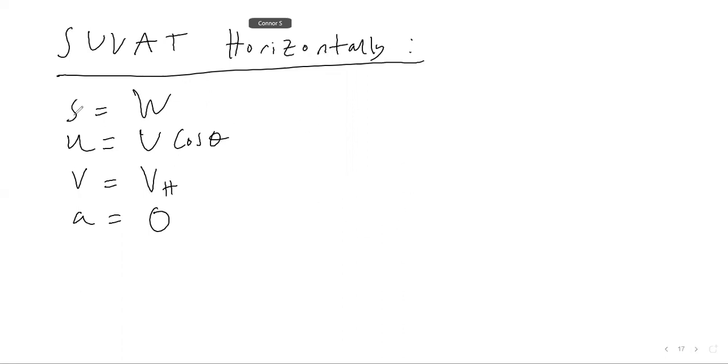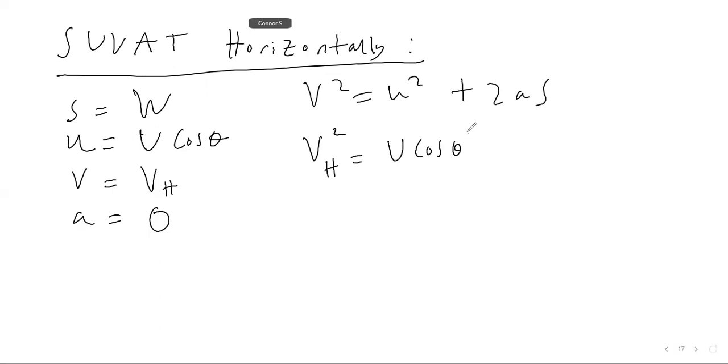So what equation can we use? The Suvat equation that has no t in it: v squared equals u squared plus 2as. So your final speed horizontally squared is going to equal u cos theta all squared, plus, well, the acceleration is 0, so we don't need to worry about that part because it's just 0.